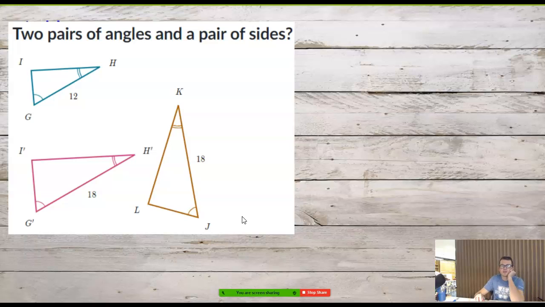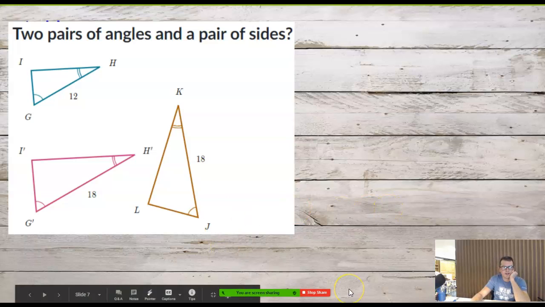So two pairs of angles and a side. If we know two angles, I'm going to write this down, two angles and one side. Who can help me out here? Does this work? Can we solve these?